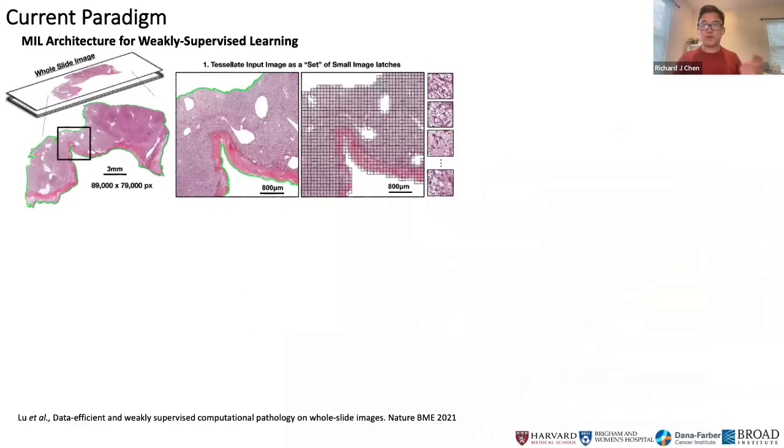This is a brief rundown of one of the current paradigms for weak supervision, which roughly goes as follows. We take the whole slide and formulate it as a set of non-overlapping patches, typically of size 256 by 256 at 20x, though a lot of other works have explored 512 by 512 at 20x or size 256 at 10x.